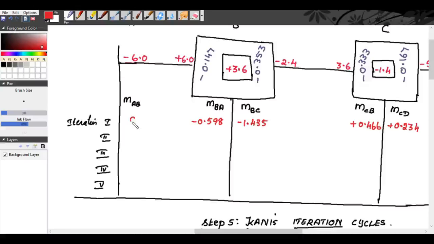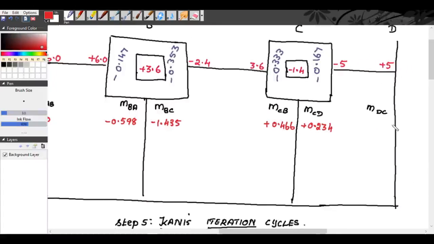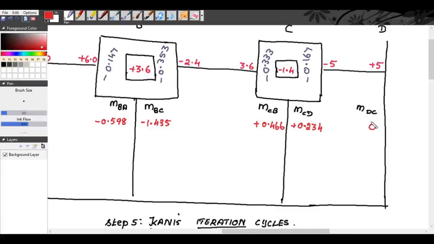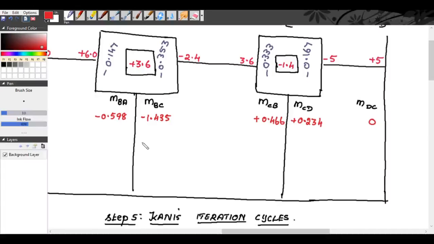Here in the fixed supports, you will not have any rotational distributions, because there is no distribution from fixed support to the intermediate support. If the far end is fixed, if the extreme supports are fixed, the rotational contributions to the neighboring support will be equal to 0.